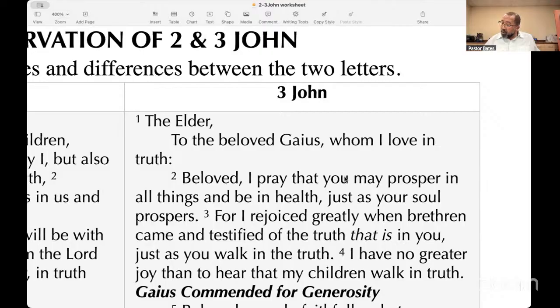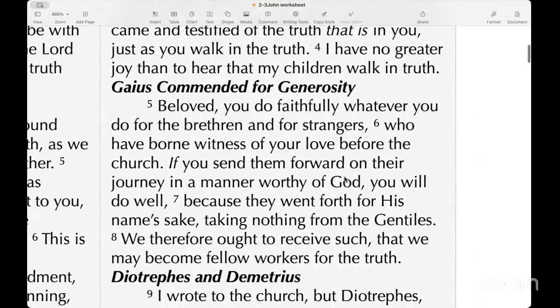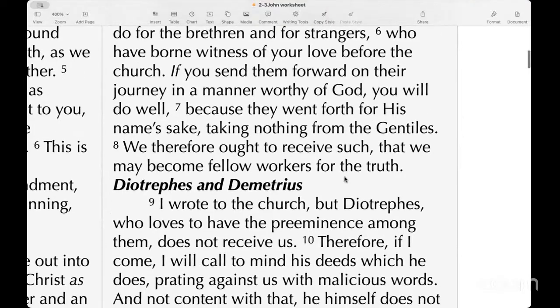Verse 1, then verse 2, verse 5, and verse 11.